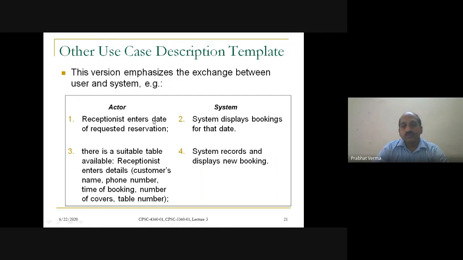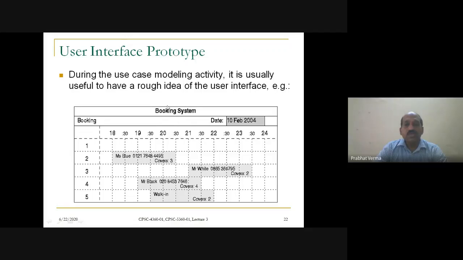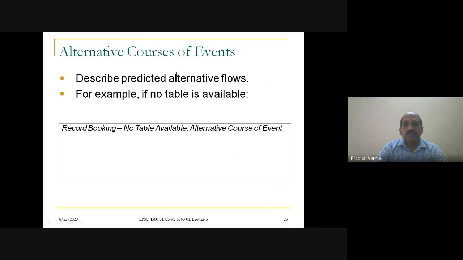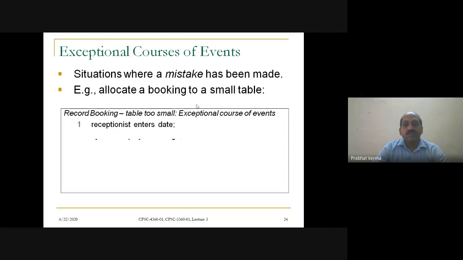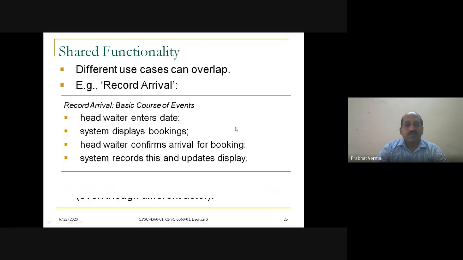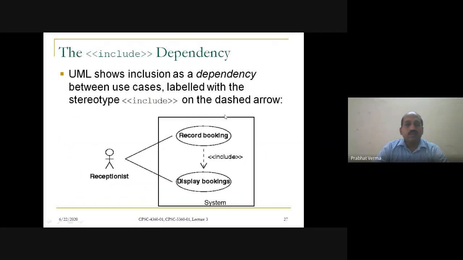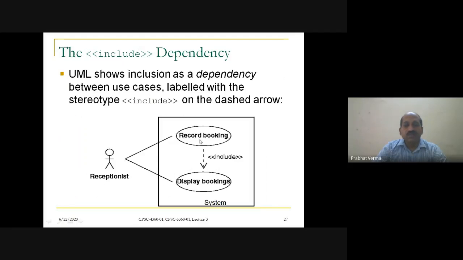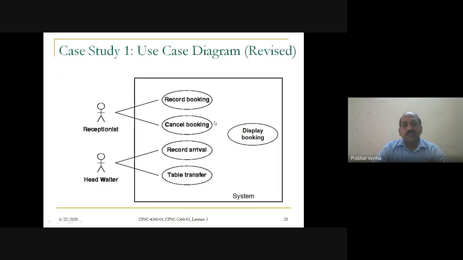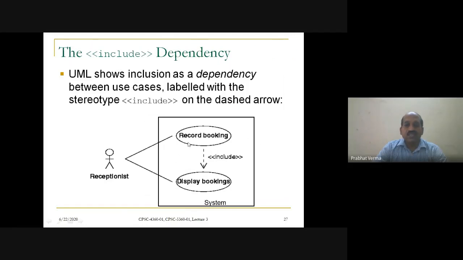So we have this system, which is the restaurant management system. There are two types of inclusions that we shall see. One is the include directive, and the other is the extends directive, which we shall see again.